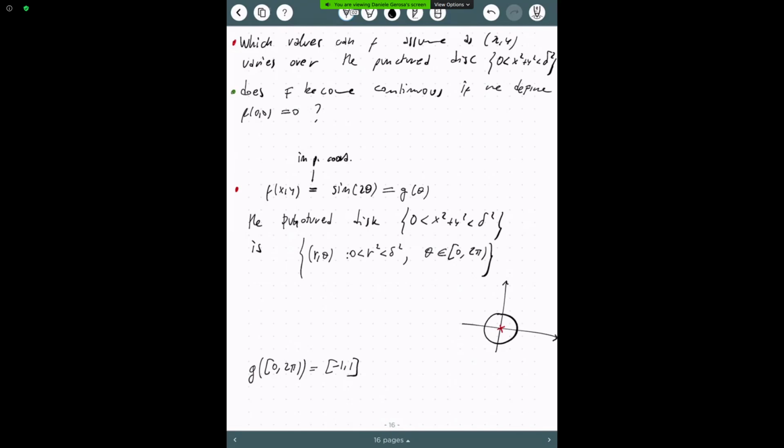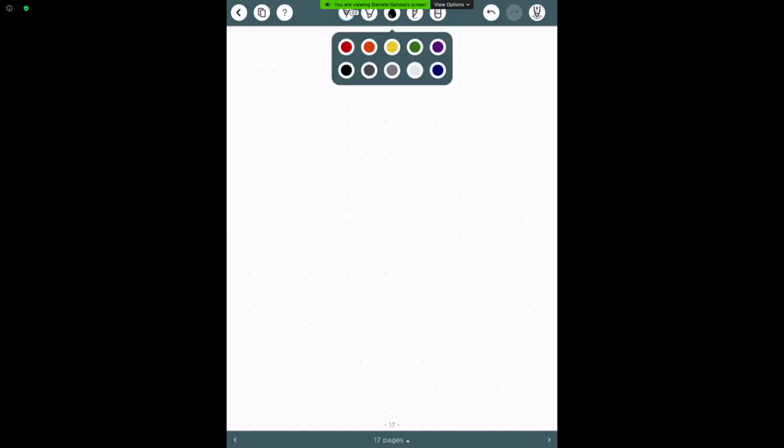So the other question is, can we extend this function by continuity? And the answer is no. Consider f of (0, t), which is equal to 0, and f of (t, t), which is equal to 1.